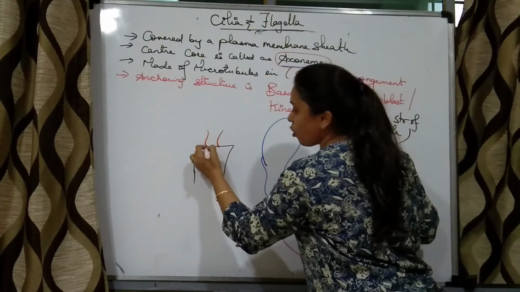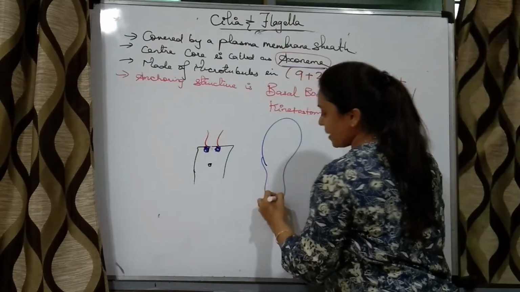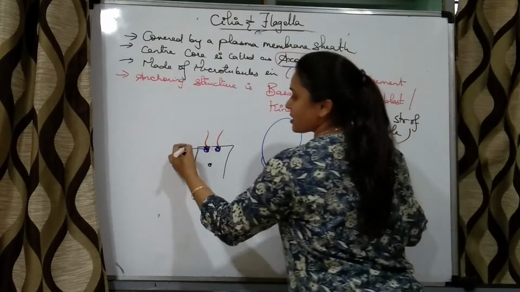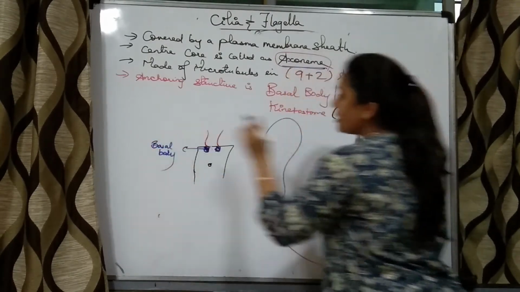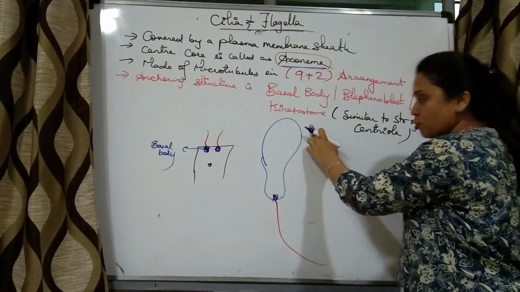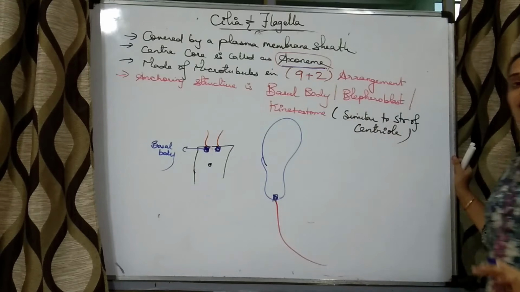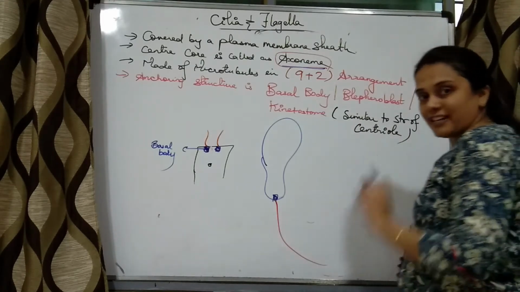It is also called blepharoblast or kinetostome, and its structure is similar to the structure of the centriole. We will study the structure of the centriole.